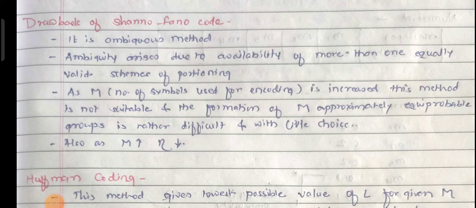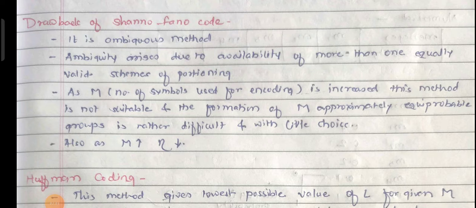With an increased number of messages, that is, as the value of m increases with different probabilities, the Shannon Fano method becomes very tedious and leaves us little choice for partitioning. Also, the efficiency reduces as the number of messages increases. These are some drawbacks of the Shannon Fano code method.